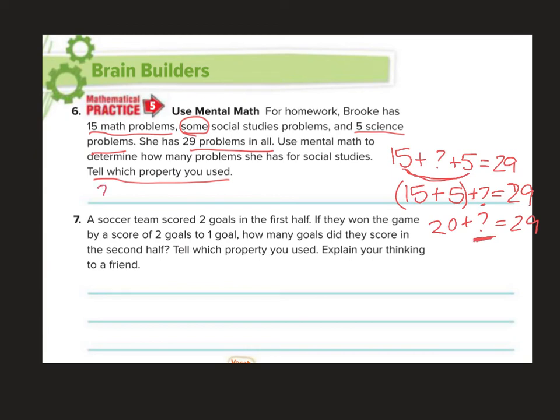So the question mark equals 9 social studies problems. And what property did I use? The associative. And I use the associative because I have 3 numbers and I'm switching them around. So that's the associative property of addition.